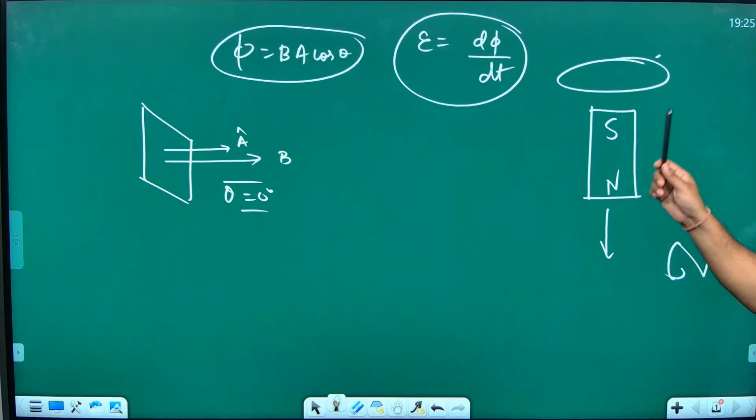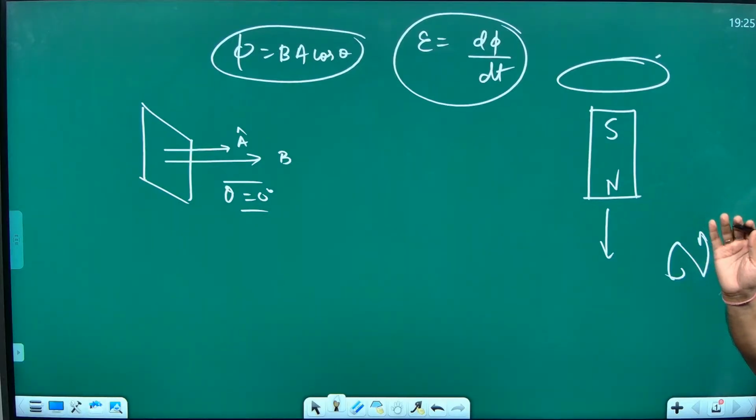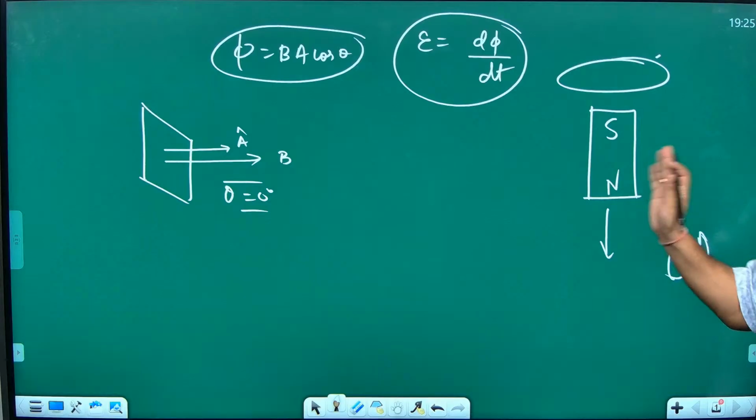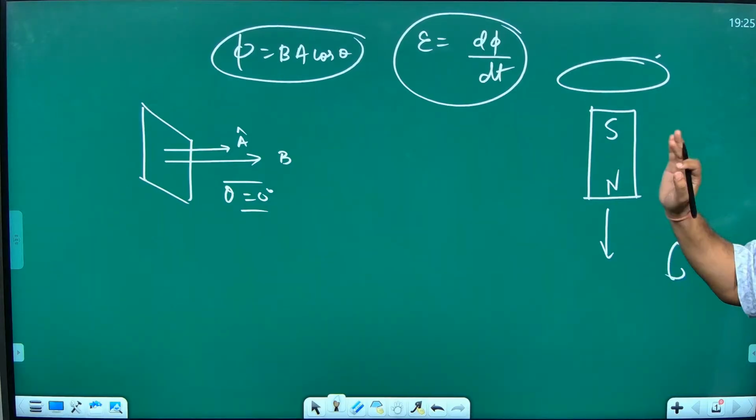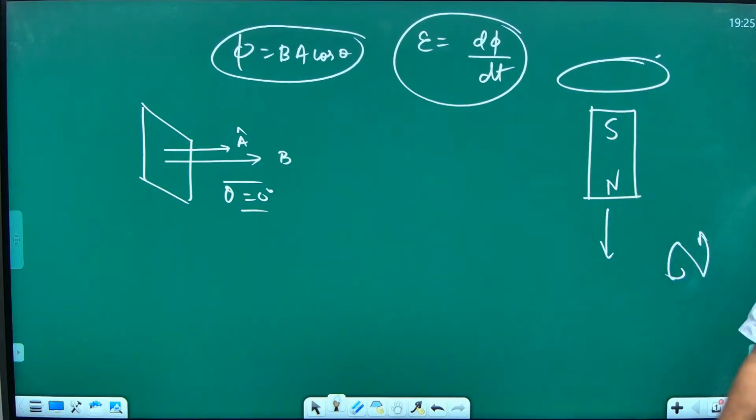First of all, I myself told that magnetic flux is changing. Can you tell me, Dishita, whether the magnetic flux is increasing or decreasing? Think and say. You should think here and say whether the magnetic flux is increasing or decreasing in this case. Try.